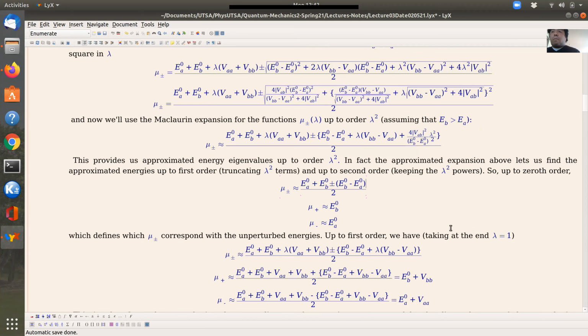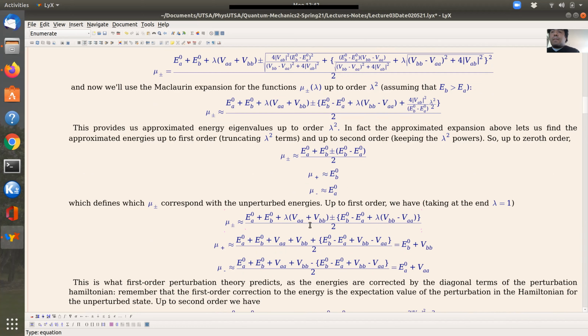So now let's consider the first order, which means that we only have to truncate this part, okay? So up to first order we have, and then we'll take lambda equal to 1 at the end. So we would only have these other terms in here, which is what we have in this part. So plus minus factoring out. Then, yeah, there's going to be some cancellations happening.